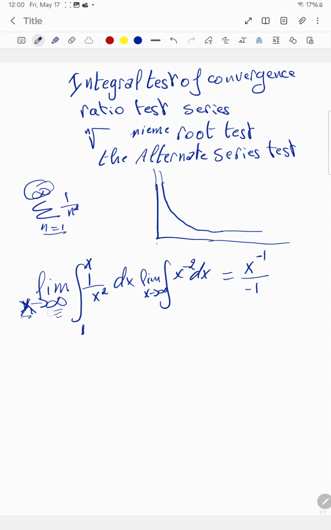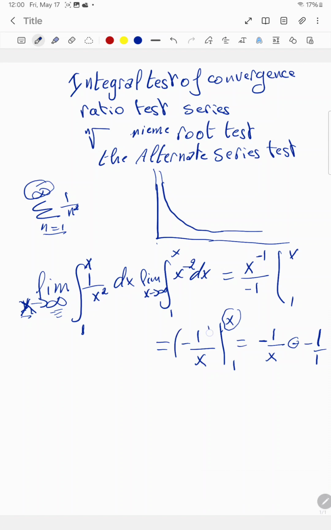So x to the power minus 1, I can write it like that, minus 1 over x, between 1 and x. The first time I replace x by x, and the second time by 1. So it's minus 1 over x minus minus 1 over 1, because it's the upper bound minus the lower bound.